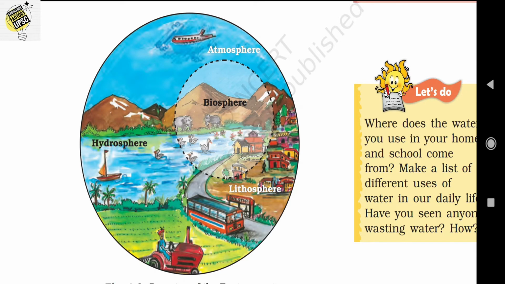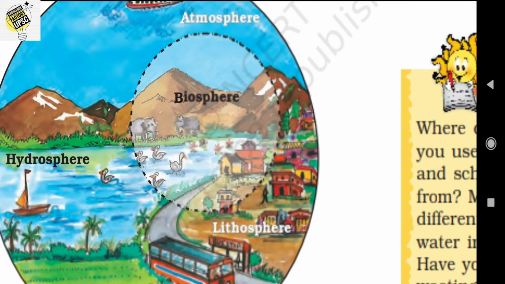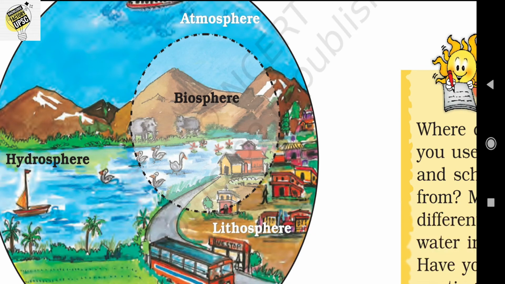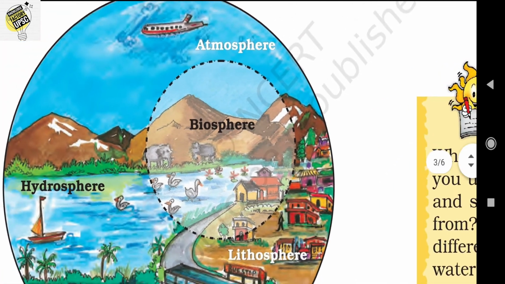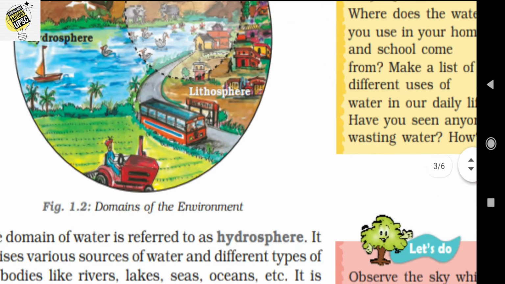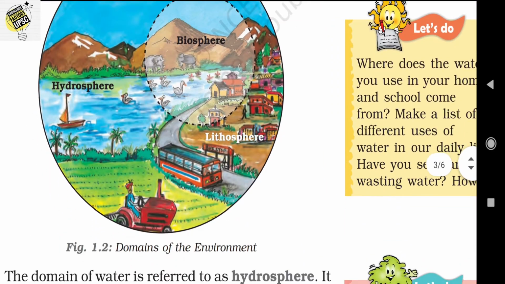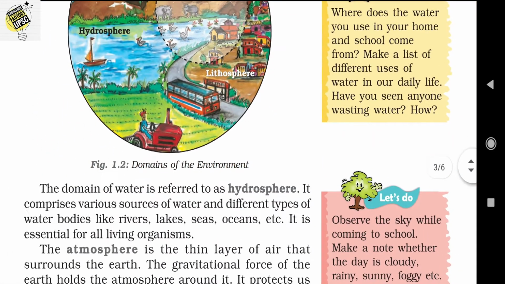There is a circle marked, and inside the circle is a portion which comprises all three layers: a portion of atmosphere, a portion of lithosphere on the mountains, and a portion of hydrosphere on the rivers and lakes, and all these components together form the biosphere. So the biosphere consists of all three forms: lithosphere, hydrosphere, and atmosphere. Is that clear? I hope that it is clear.